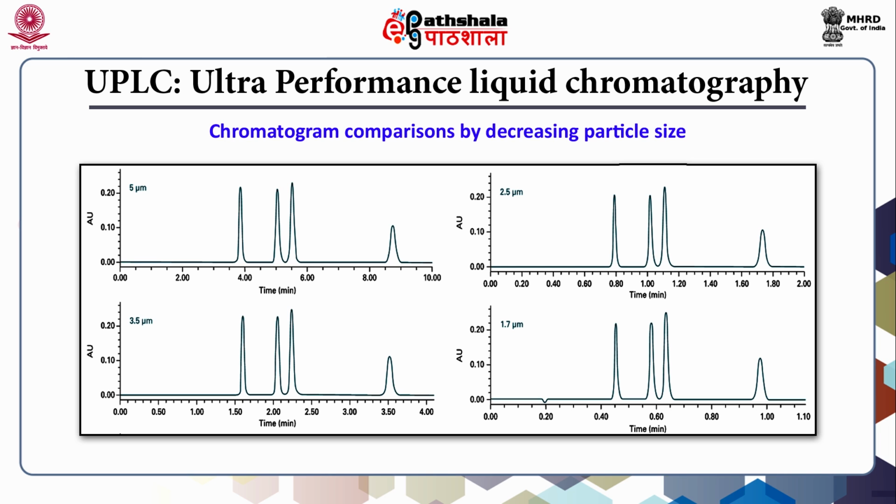That means the entire analysis, which took 10 minutes with the 5 micrometer stationary phase, took only 1 minute when the particle size was decreased to 1.7 micrometer. So, this kind of chromatography is called ultra performance liquid chromatography.